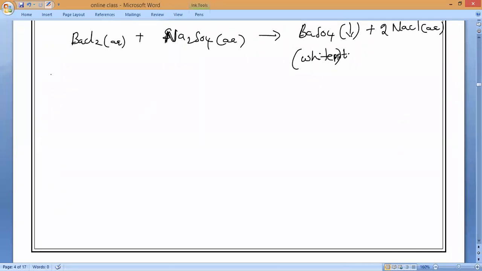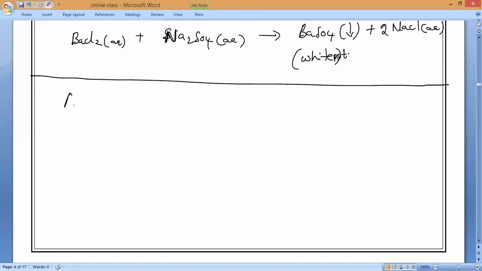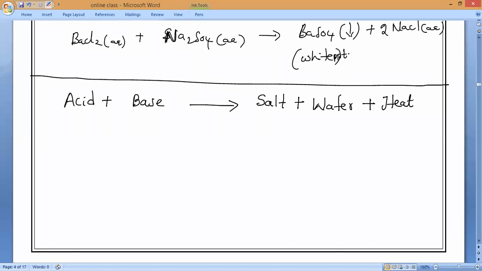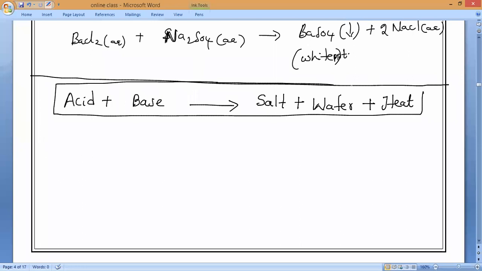Somebody is saying endothermic. Be careful. Acid plus base reacting will produce salt plus water, plus also heat. So this is the standard equation of double displacement reaction and a particular type of double displacement reaction. What is that type?